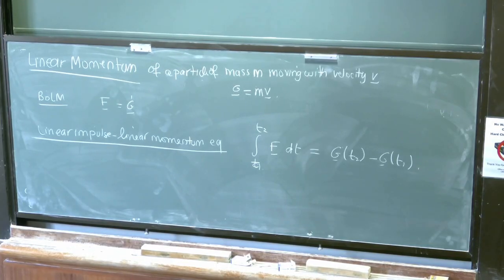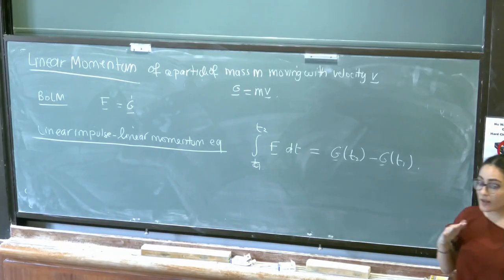Well, I'm talking about the balance of linear momentum versus the linear impulse linear momentum equation, which are both vector equations. Any ideas on which one could be more general?